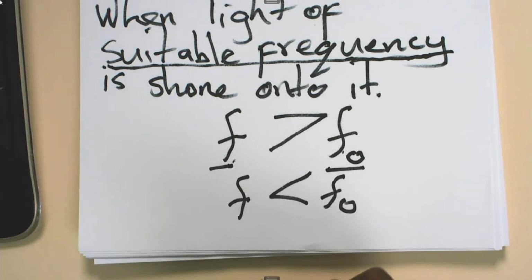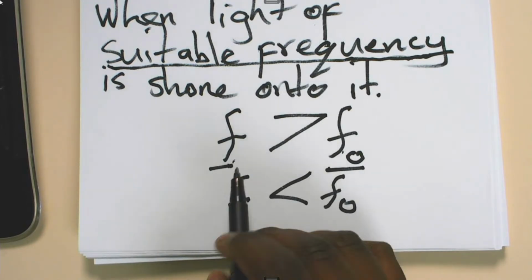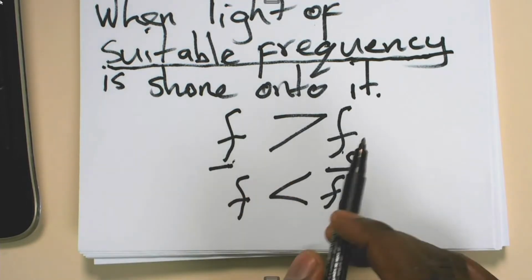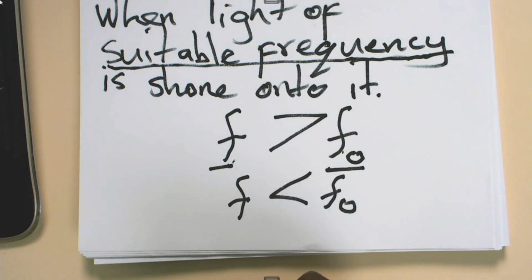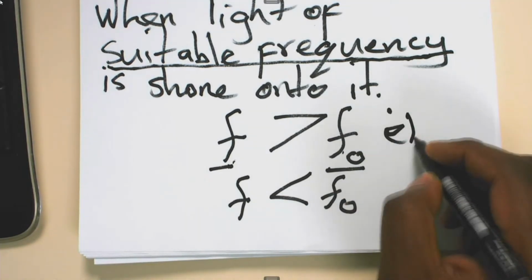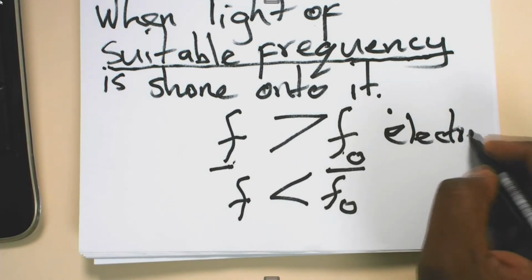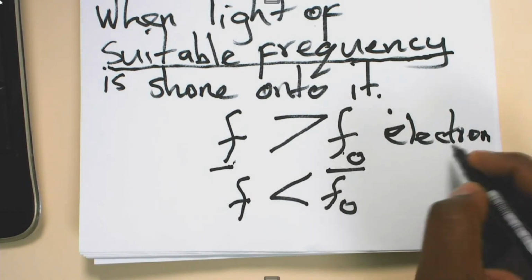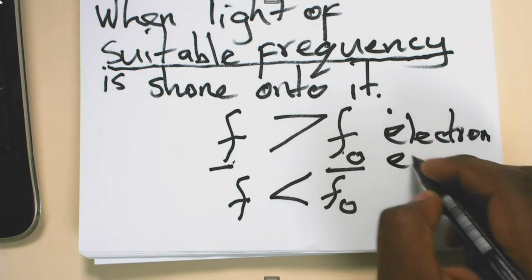We will explain what threshold frequency is. If the frequency of the light is greater than the threshold frequency, it means that electrons will be ejected.